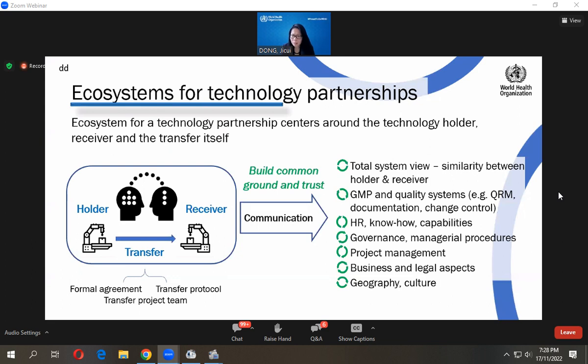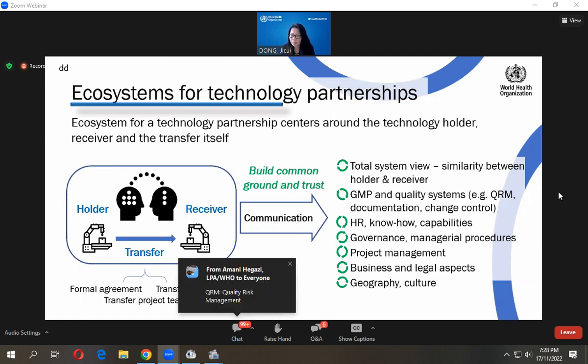So you need to know the GMP and quality system of both sides, like the risk management system, documentation, change control, all of which are required in GMP. You must have good intelligence on those elements.